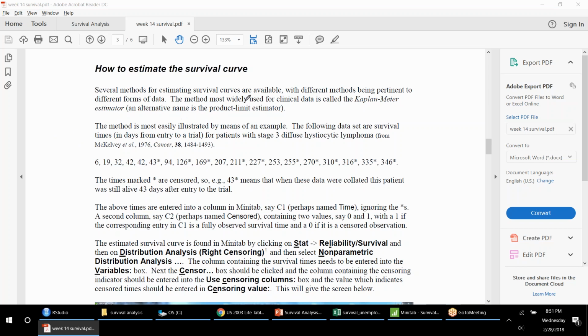This is leukemia, basically called blood cancer. Histiocytic lymphoma is, I know, blood cancer. So what is the survival rate of patients who are suffering from blood cancer? This is the data that is given, and the star marks that are provided mean they are censored.